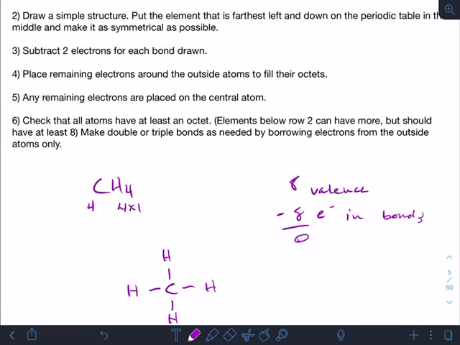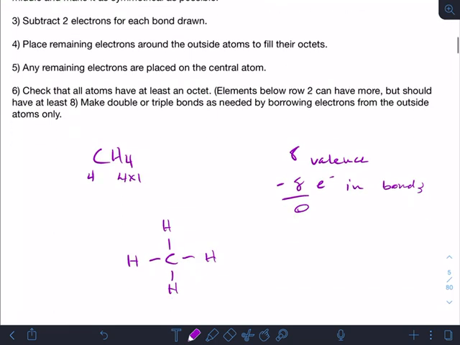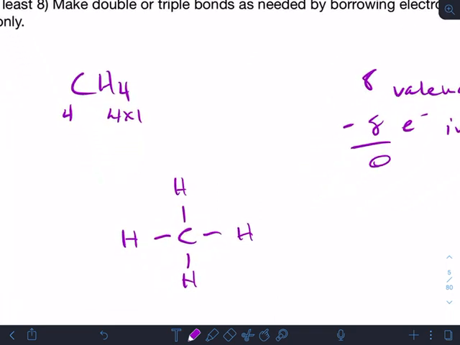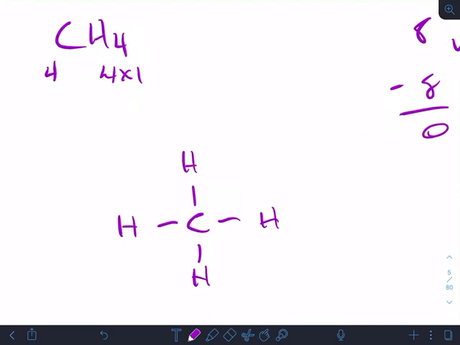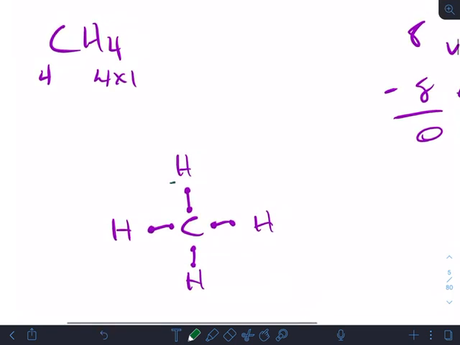Now step 6 is our last step. We're going to make sure that all the atoms have at least an octet. Remember that hydrogen is different. Hydrogen's special, so it can only ever have 2 electrons. It's not going to have an octet. Carbon, on the other hand, should have an octet. So let's imagine that we have a dot at the end of each bond.